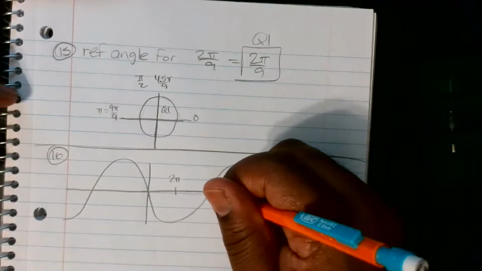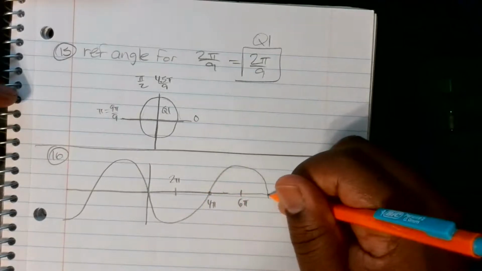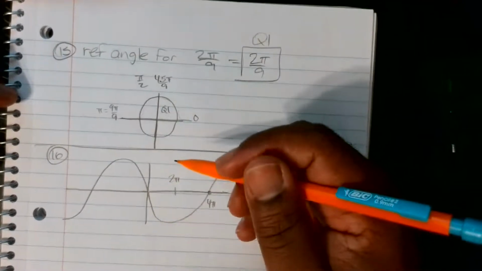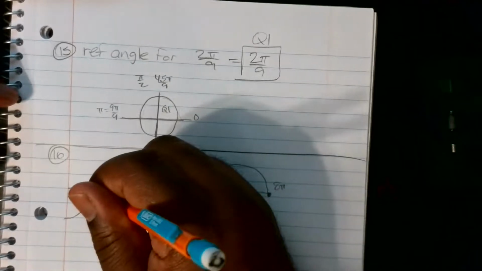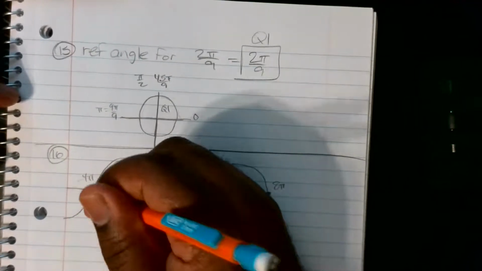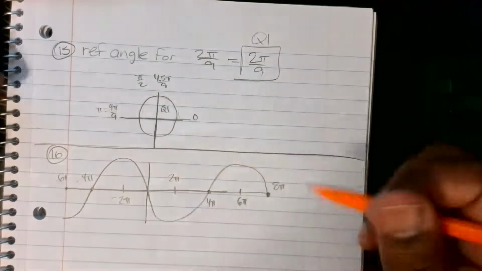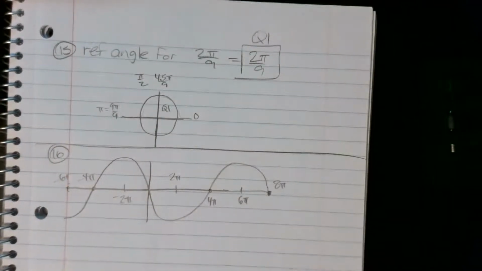This is 4 pi. This is 6 pi. This is 8 pi. That's opposite 0. This is negative 2 pi. This is negative 4 pi. This is negative 6 pi. Right there. All right. So they want us to describe the graph below.